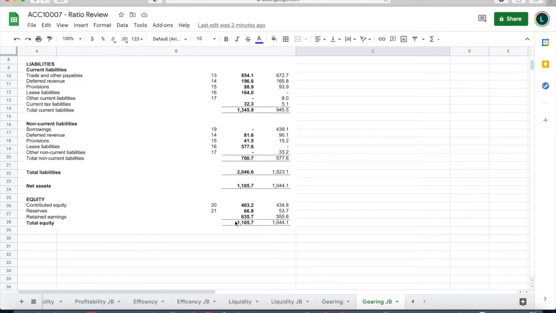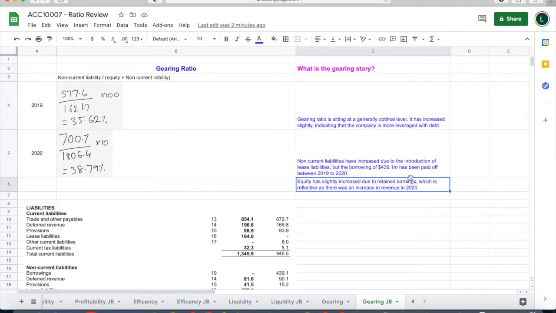We have previously talked about that in this video here, but let's just have a read at what the gearing story is. So the gearing ratio is sitting at a generally optimal level. It has increased slightly, indicating the company is more leveraged with debt. Non-current liabilities have increased due to the introduction of the lease liabilities. But there's borrowing of 439 million that has been paid off between 2019 and 2020.